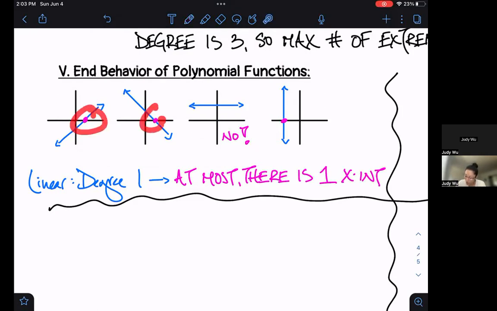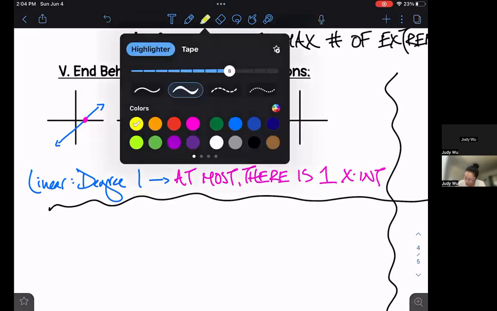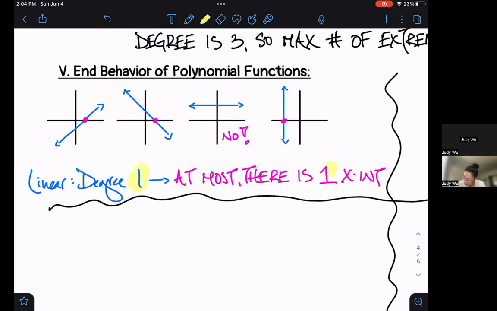So we can have 1, or we can have none at all. And so that's not a coincidence that we have at most 1 x-intercept and the degree is 1, okay? So I kind of want to highlight these 2 right here. So degree 1, there's at most 1 x-intercept, all right?